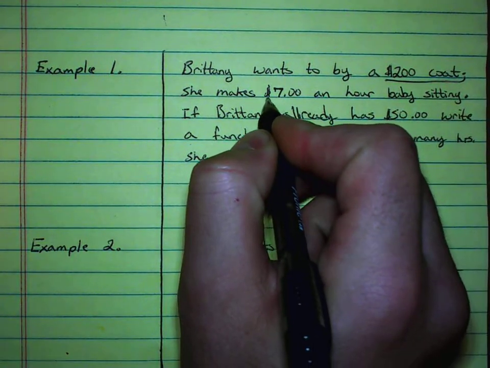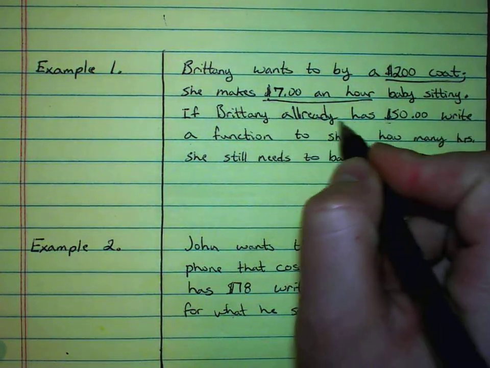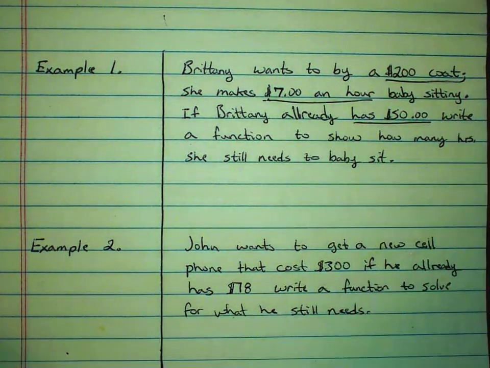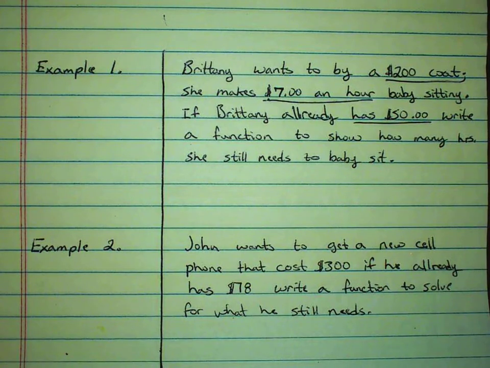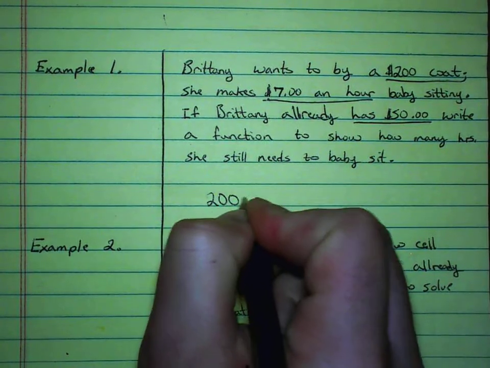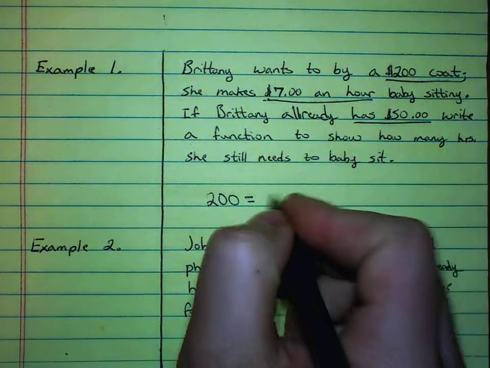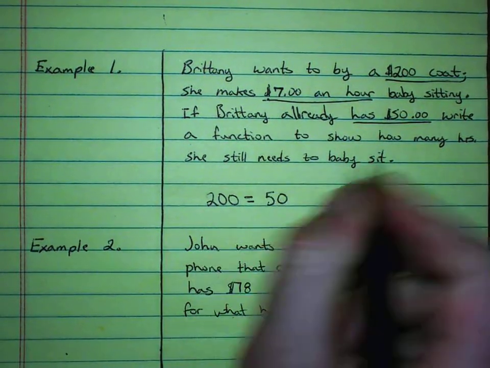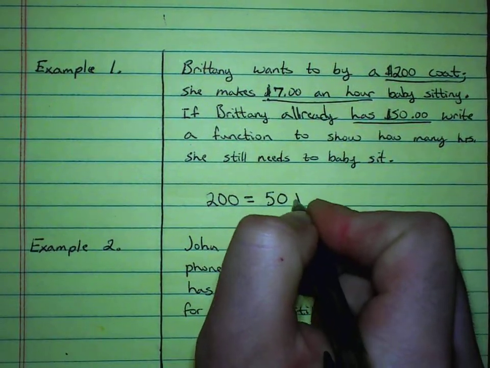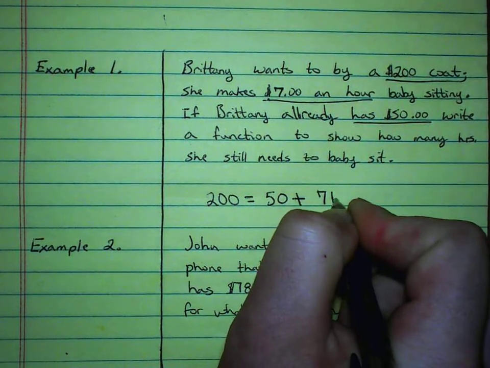The fact that she makes $7 an hour is important, and that she has $50 is important. If I am writing an equation, okay, $200 is where I start, because that was the cost of the coat. Well, this $200 is equal to the $50 she already has, plus the $7 she makes per hour.